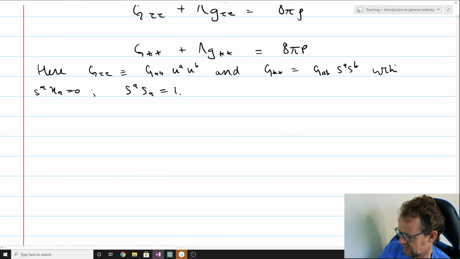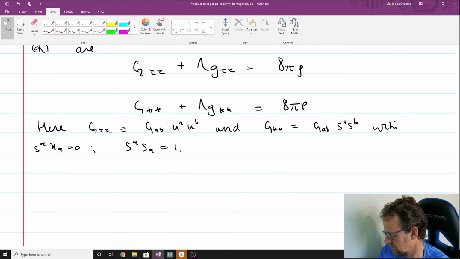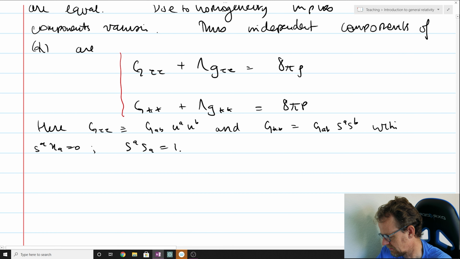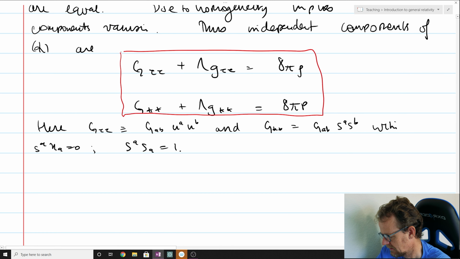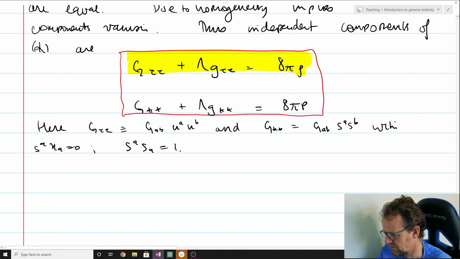And what we're going to do is, well, we've got to do the calculations still, right? I haven't yet completely trivialized this problem. We've got a system of two equations now, but the metric is highly non-trivially embedded in the Einstein tensor.